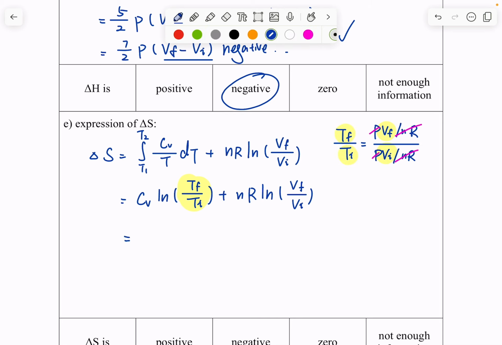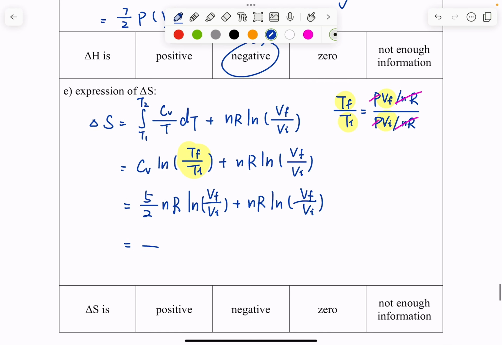And we can write this out as 5 over 2 nR log V final over V initial plus nR log V final over V initial.